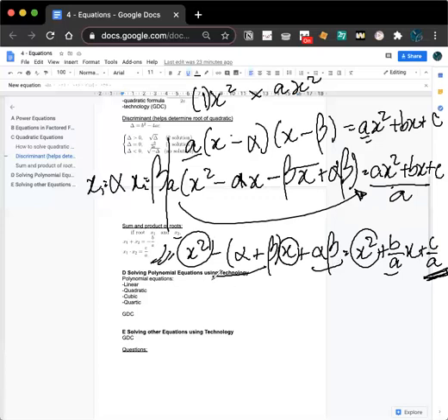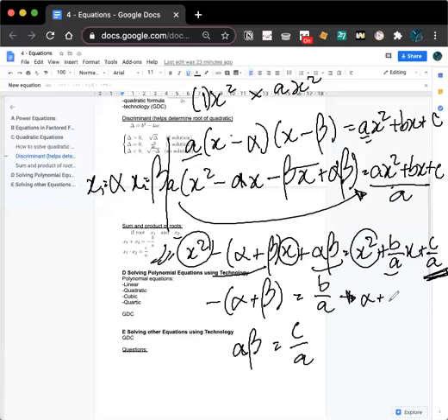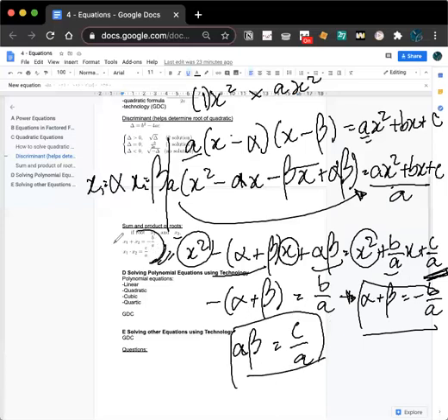And this means that it is possible to say that minus (alpha plus beta) equals b over a, and alpha times beta equals c over a. If you move this, alpha plus beta equals minus b over a. These two results are these two properties.